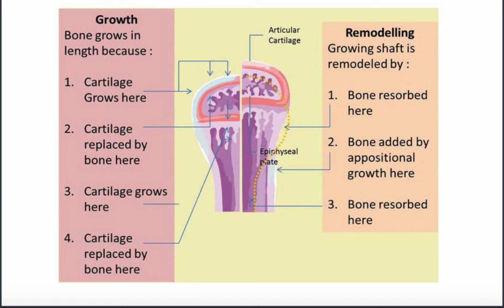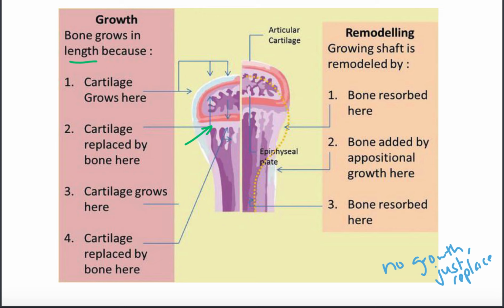So growth, especially when it comes to length, is done through cartilage expanding and then being replaced by bone, right over here. Remodeling is when you don't actually grow anything, and that can be done through appositional growth. So the growth is a little bit of a misnomer.